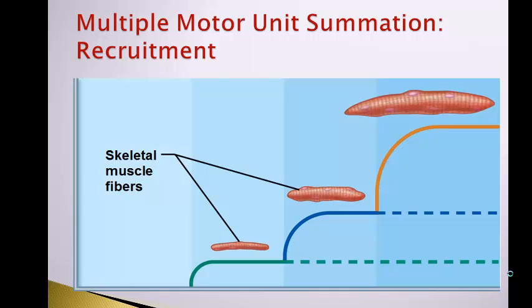Well, the way we can do that is we can activate motor units based upon the need. Every muscle will have a variety of different levels of motor units. There may be 10 motor units in the muscles of your fingers, for instance. Some of those motor units may have a motor neuron that is innervating only 1 or 2 muscle cells.